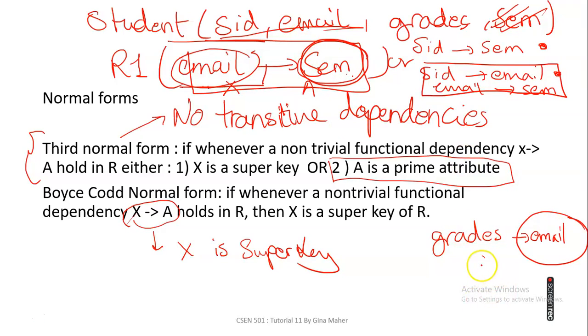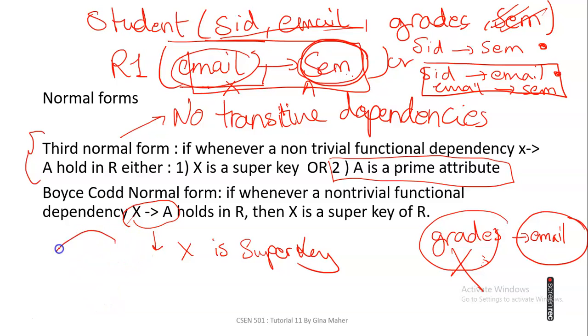However, in this case, this one is not in the BCNF because in order for a relation to be in the BCNF, every dependency X should be a super key. Is grade a super key? No. So in this case, the relation will be in the third but not in BCNF.